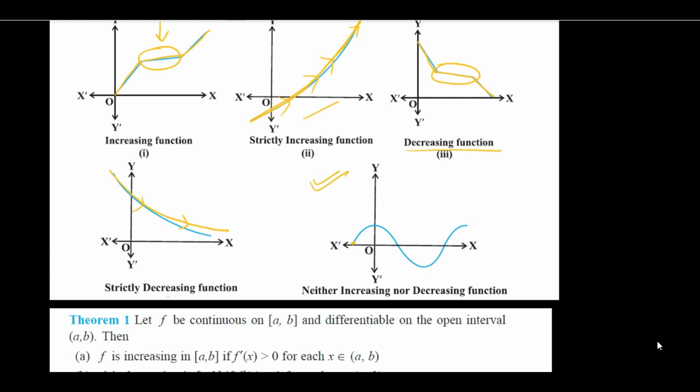Here you can see the graph is increasing and decreasing, so we cannot say the whole function is increasing or decreasing. Sometimes it is increasing, sometimes it is decreasing, so we cannot decide. So this graph is neither increasing nor decreasing.